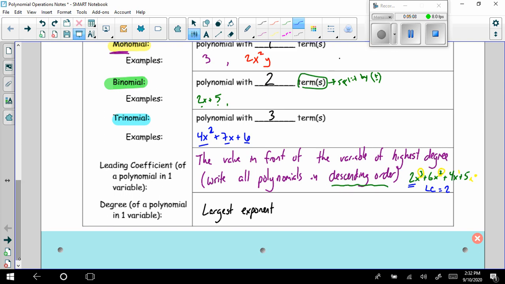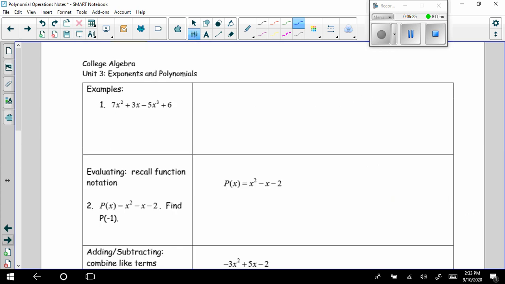The degree of a polynomial is the largest exponent. So you're just going to look at what is that largest exponent. That is going to be the degree of your polynomial. All right. So for example, we're going to write this one in what's called standard form. And that is just putting them in order from greatest to least exponent.